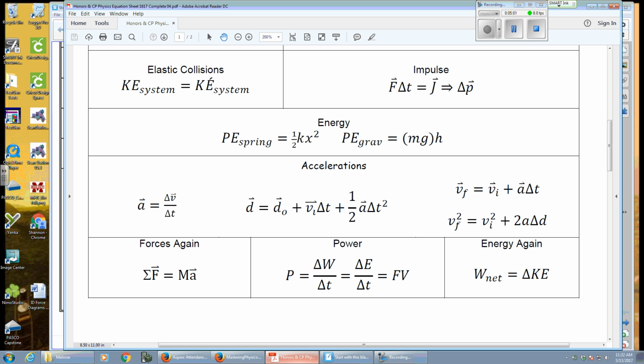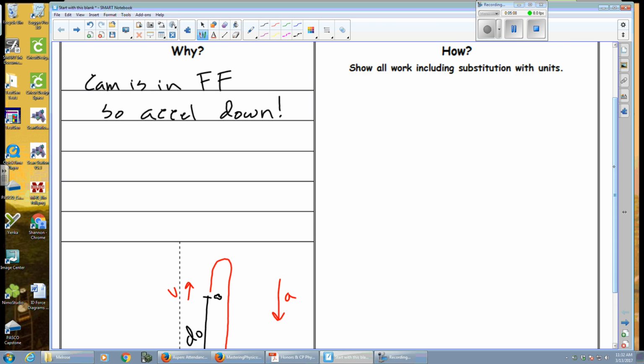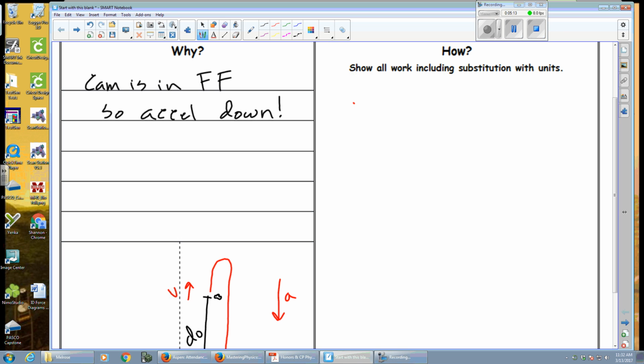The big old one, also called your general kinematics equation, which I'm going to write down. Where I end up, d, is where I started, d naught, plus how I was moving when I started, plus 1/2 how my motion was changing, t squared.